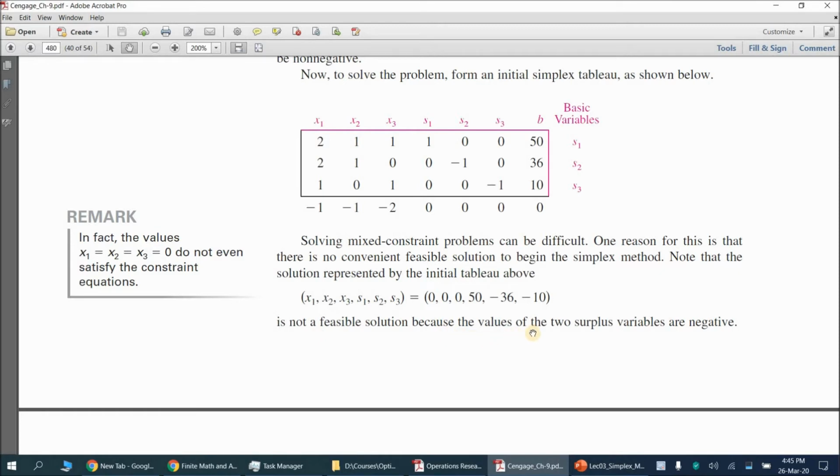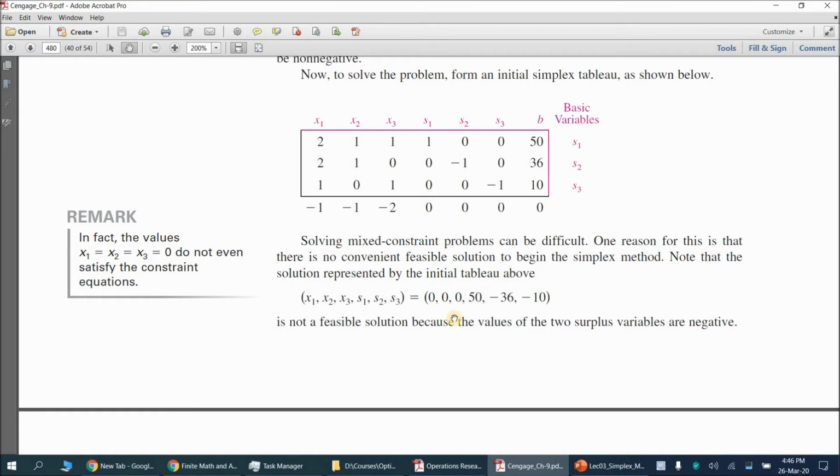This is not a valid solution because surplus variables represent some value. For example, your company has got 10 kilos of surplus cement. You cannot say that your company has -36 kilos of cement. These values can never be negative. If your solution is correct, these values can never be negative.